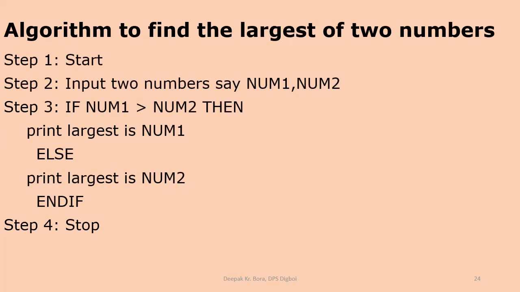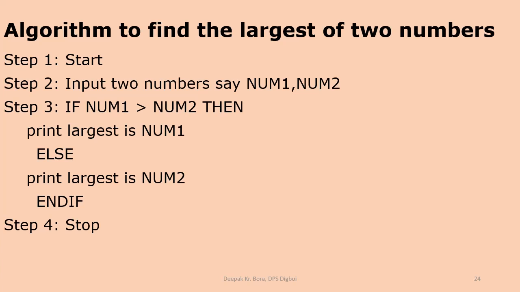Let us discuss the next example, that is the algorithm to find the largest of two numbers. Here we have to make a decision. So it is a decision making statement we have to use. That is, we are going to use the if then else statement, that is the selection statement.